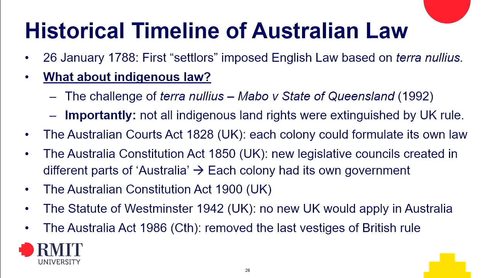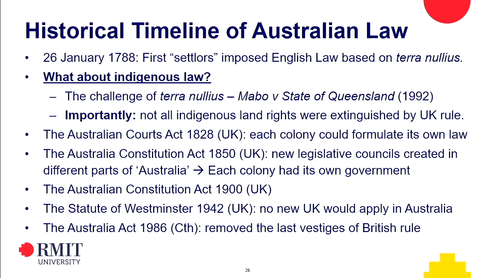Now, the question then is, what about the Indigenous peoples? So prior to the English settlers, we did have Aborigines or Indigenous Australians living on the continent. And this meant with the transportation of the English law that a lot of them lost their land rights.